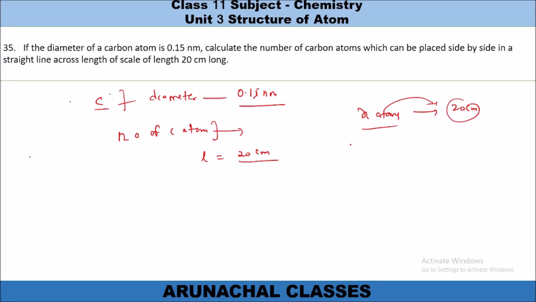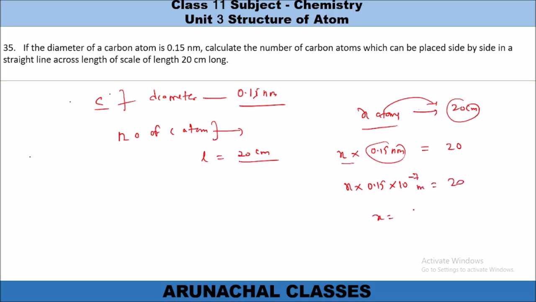Each atom has a diameter of 0.15 nanometer. So x multiplied by 0.15 × 10⁻⁷, which is now in centimeter, equals 20.